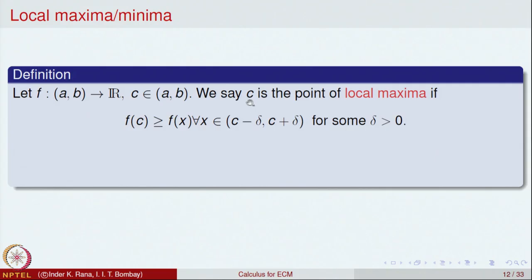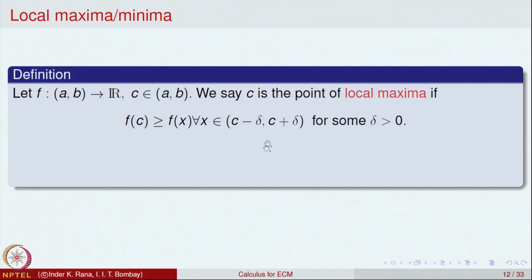The property of c being defined is it is called a point of local maxima if f of c is bigger than or equal to f of x for all x in an interval c minus delta to c plus delta around c. That means, locally in a neighborhood of the point c, the value f of c is bigger than f of x for all x in that interval.